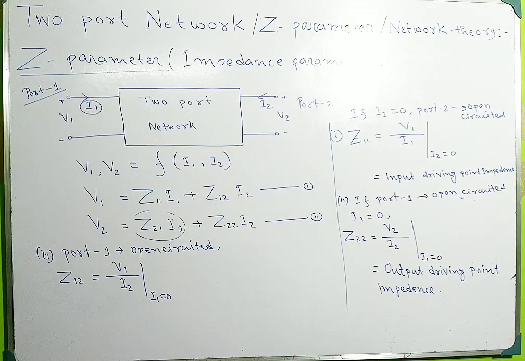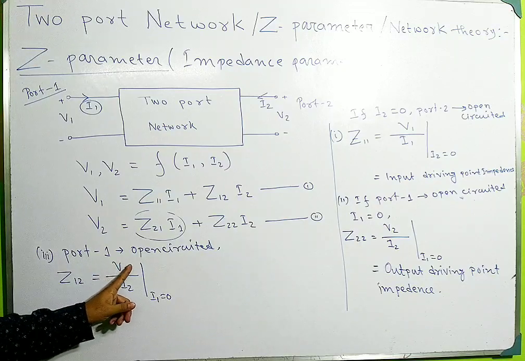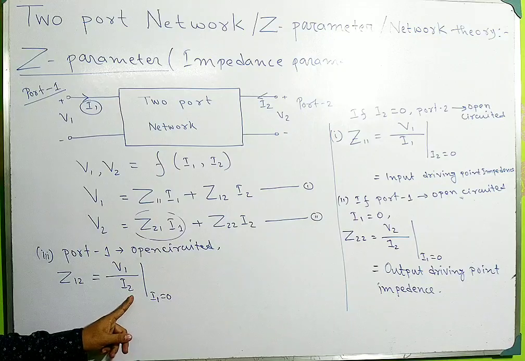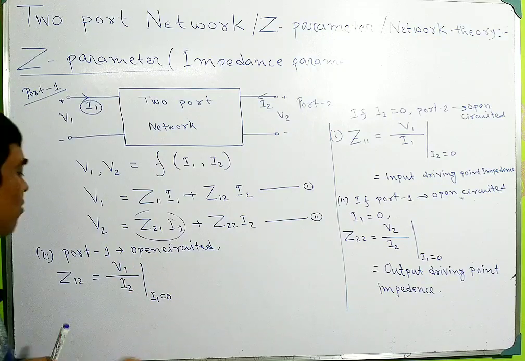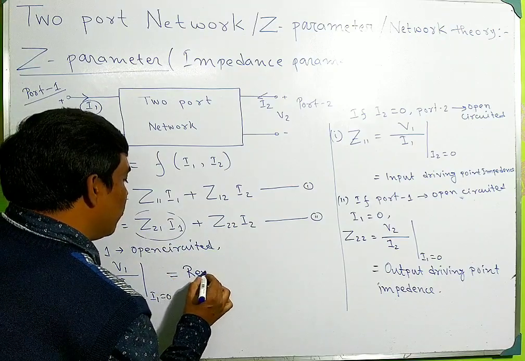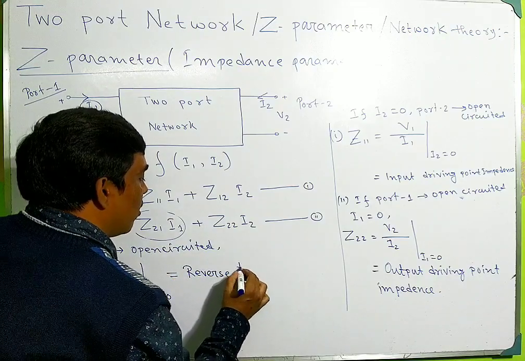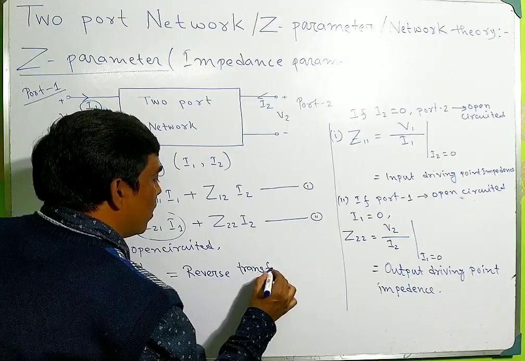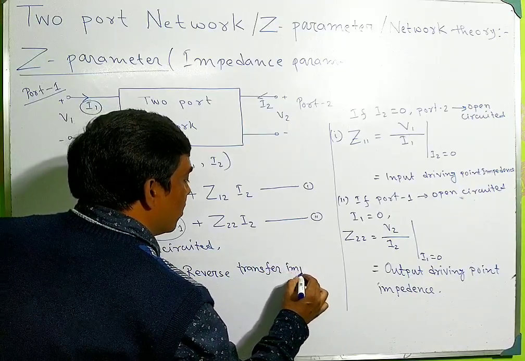This is V1 divided by I2. So V1 divided by I2 is called reverse transfer impedance.